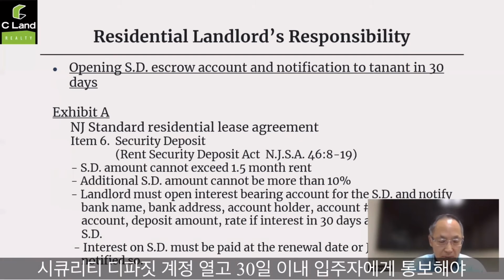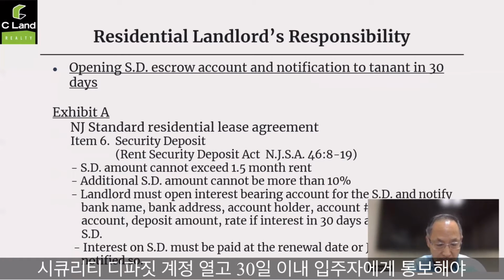If you look at the New Jersey standard residential lease agreement, which I'm not going to bring up, you can take a look at item number 6. The title is Security Deposit.